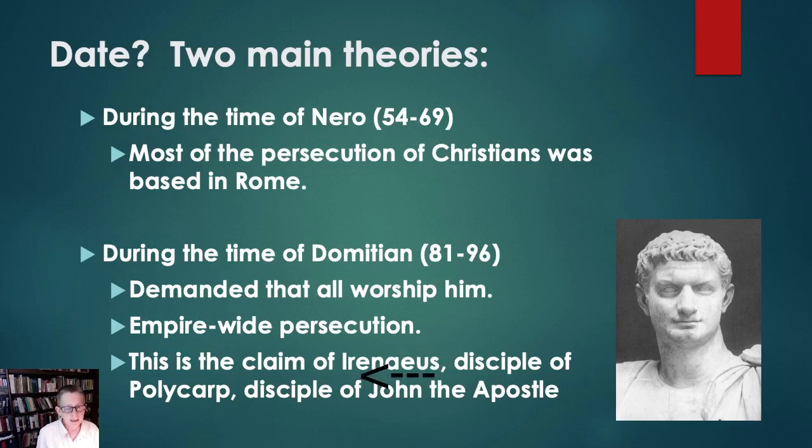Now, Irenaeus, who is a disciple of Polycarp, who was a disciple of John the Apostle, does claim that it was written by John the Apostle during the reign of Domitian.